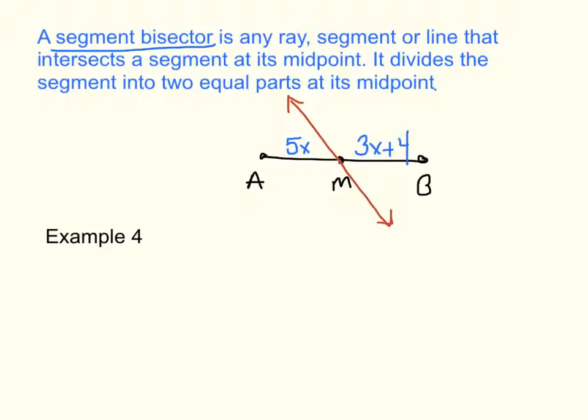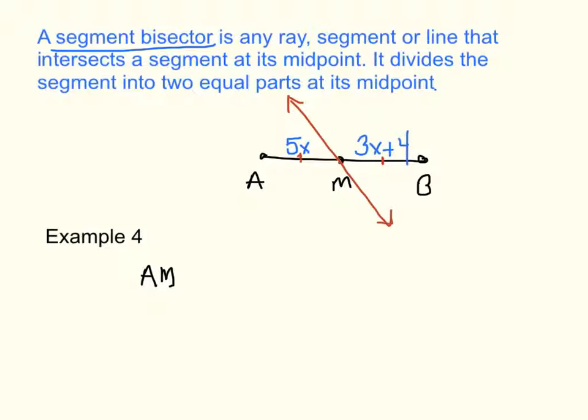So our last example, example 4, I want you to find x. We know that AM is 5x and 3x plus 4 is MB, and we know that these two pieces are equal because I told you that the line is the bisector. Because it's the bisector, we know they're equal.